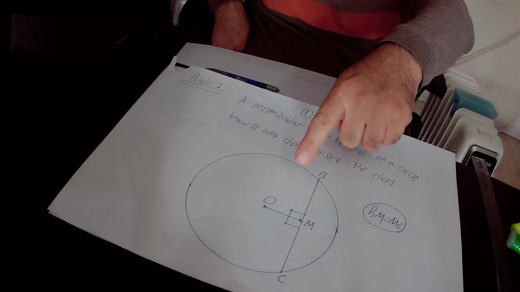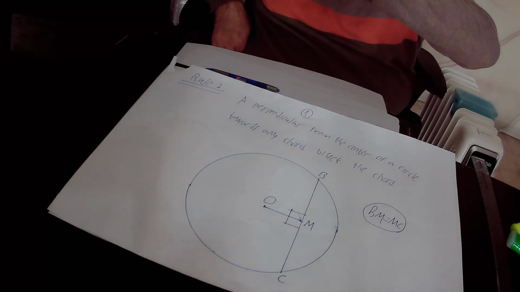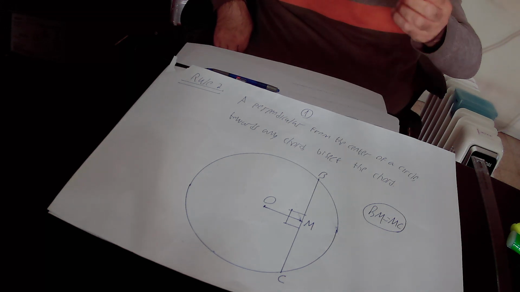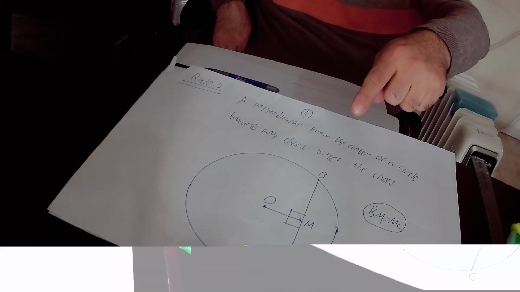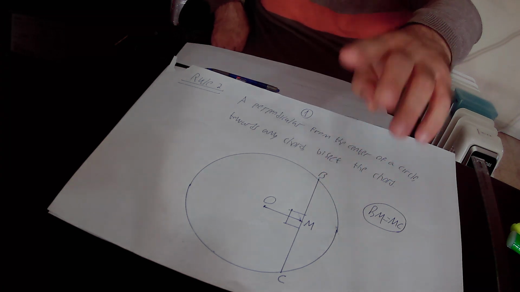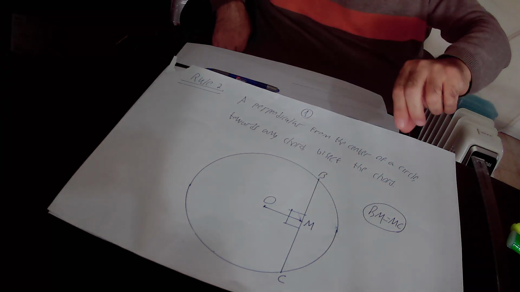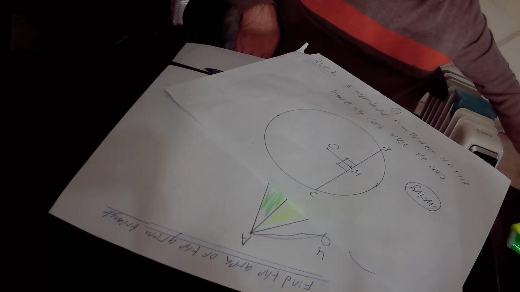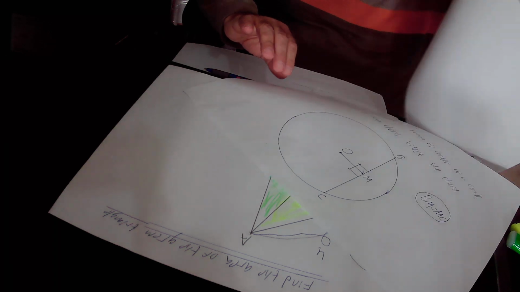That is to say, it divides it into two halves. The first half is BM and the second half is MC. Therefore, BM equals MC. We can implement this rule number 2 in our drawing.